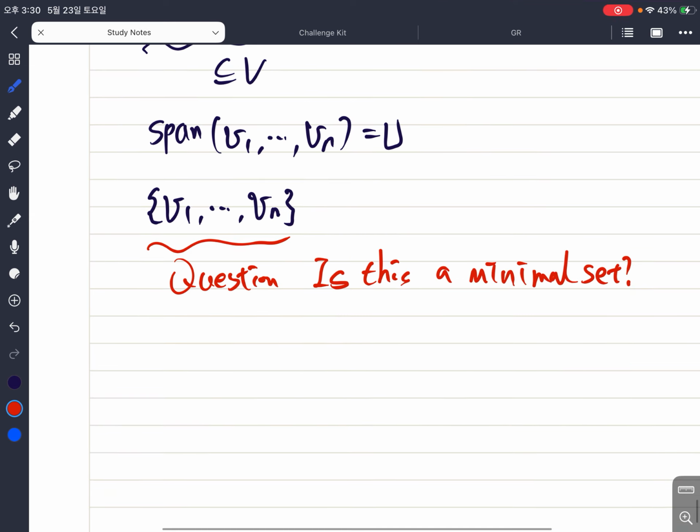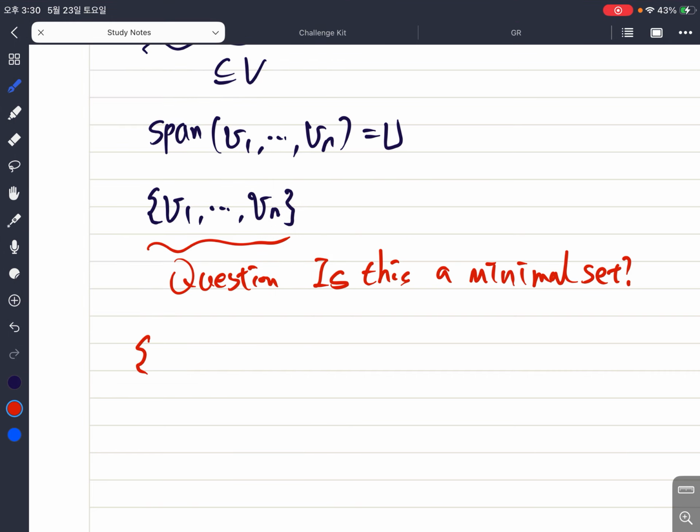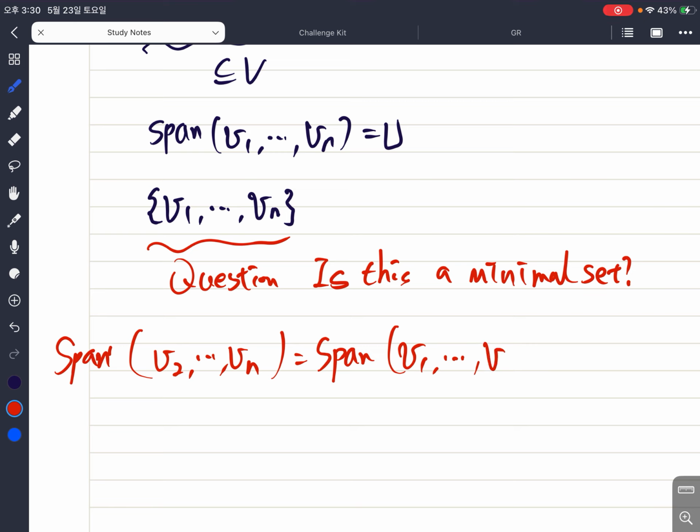It means, if you eliminate something like v1 and span v2, ..., vn, the span of this might still be the span of v1, ..., vn.